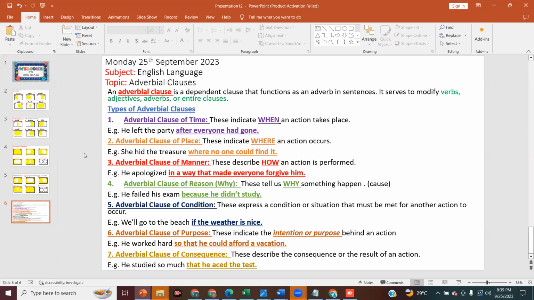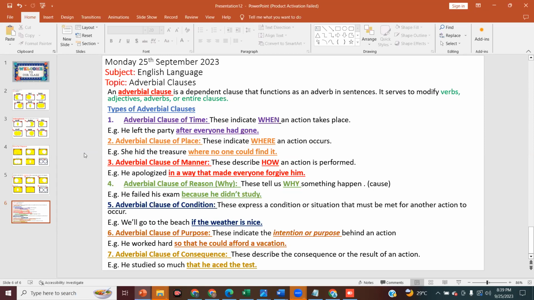Those are the 7 that I gave you. For the exercise, I'm going to give you some sentences and you're going to tell me whether it's time, place, manner, reason, condition, purpose, or consequence.